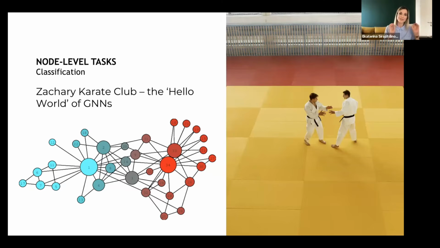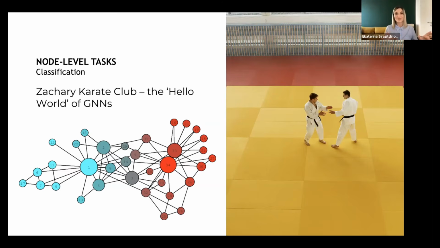Based on that, the club split into parts. The first part went with the instructor, and the second part dropped karate or found some other trainers. The task here is to use the social network to predict which of the students, based on their connections, remained in the karate club with the instructor and who dropped karate.